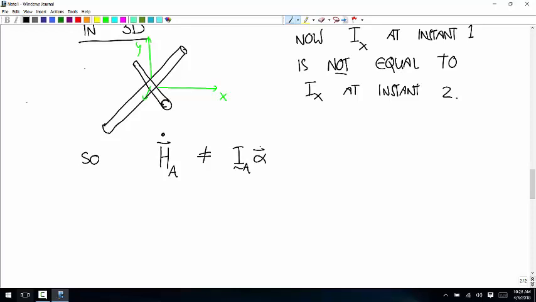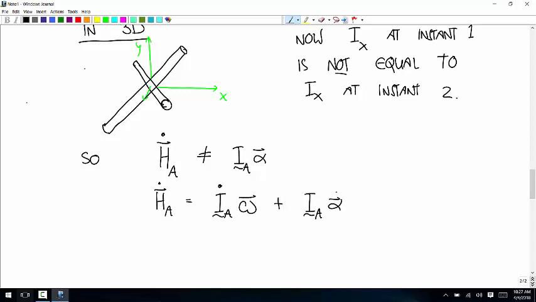And that brings up all this stuff. Instead, it's equal to, well, you don't solve it this way, but it's equal to this times omega plus this times alpha.